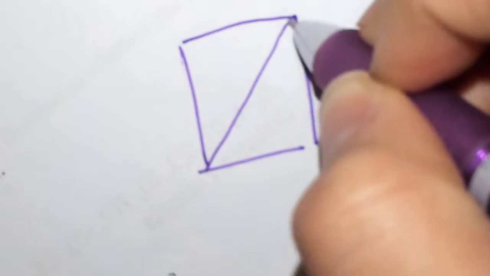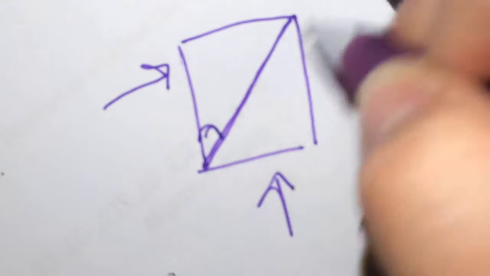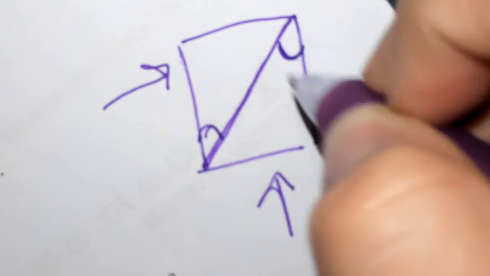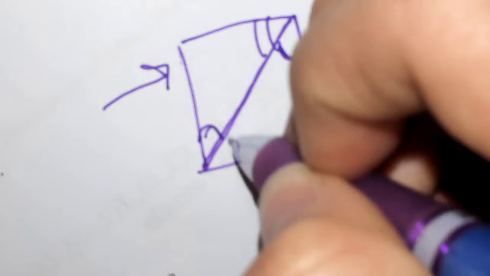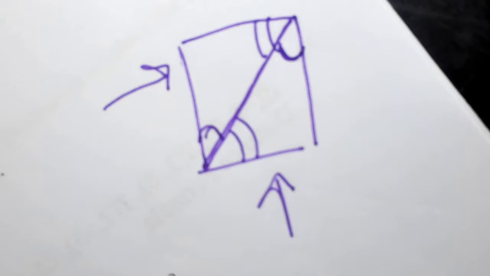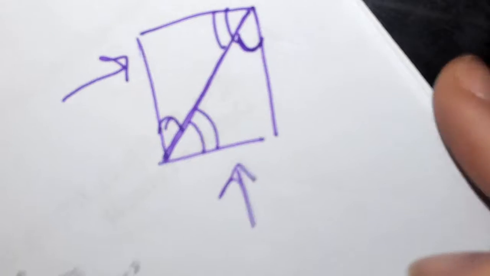Yeah. So remember, one property of parallelograms is that when the diagonal cuts it in half, it makes it into two congruent triangles. So if they're congruent, then this angle is the same as this angle. So it's supposed to be the little angle mark? Yeah, so those two.